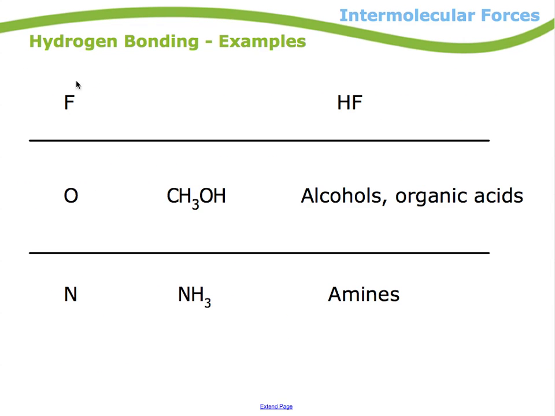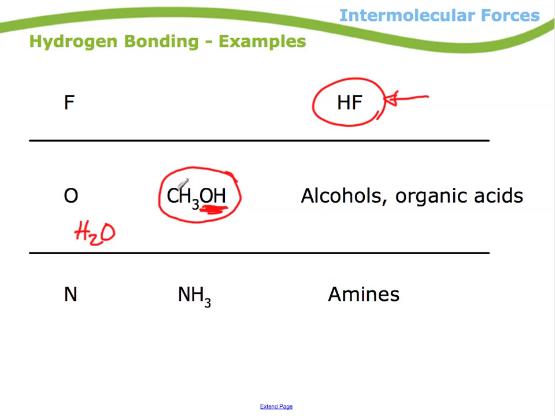Here are some examples. For fluorine, really the only example that exists is hydrogen fluoride. There might be some other ones, but that's the only one that you'll probably see in this class. For oxygen, there's tons of examples. We saw water already. Alcohols are great examples. There's an O bonded to an H. There would be hydrogen bonding there.